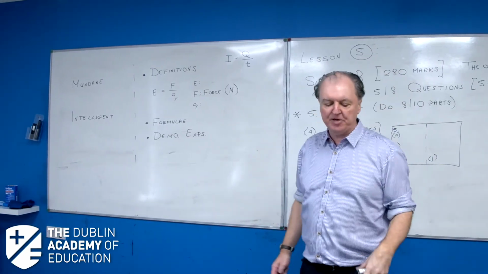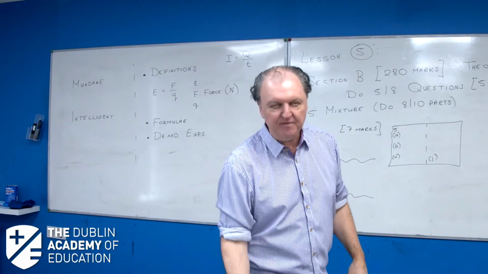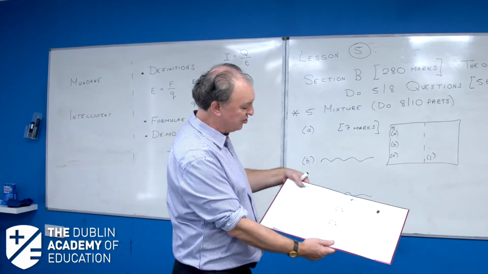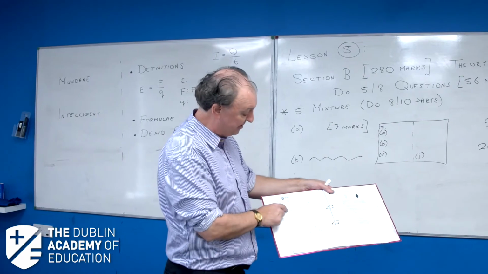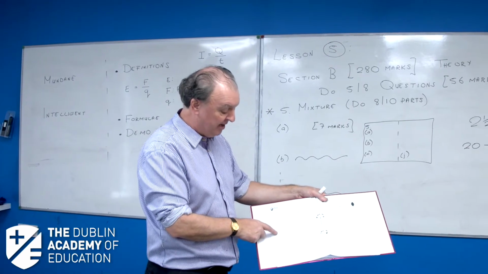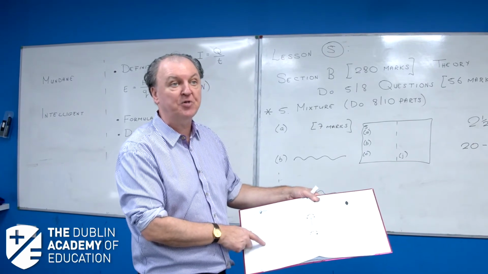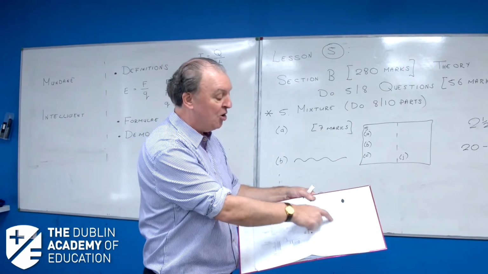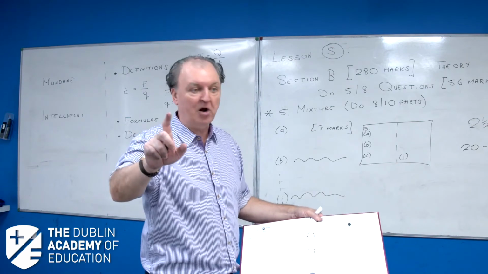These are little demo experiments. I've given you a full list of them. How do you demonstrate reflection? How do you demonstrate refraction? How do you demonstrate total internal reflection? How do you demonstrate Young's experiment to show that light is a wave? They're all there. This is the heavy learning.